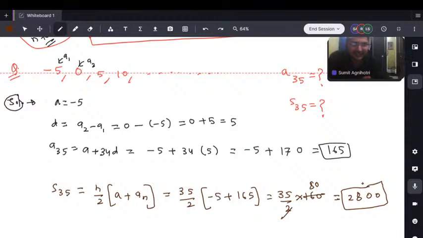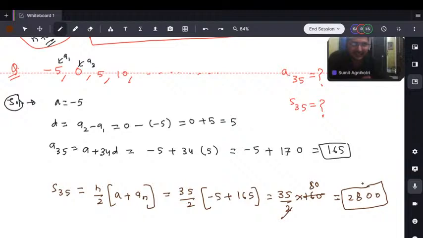Yeah. Okay, sir. Now I'm considering another question which I will try to make an AP now. See, root 2 is here, root 8 is here, then I have root 18, then I have root 32. Now you need to tell the same thing here, the 17th term and the sum of 17 terms.